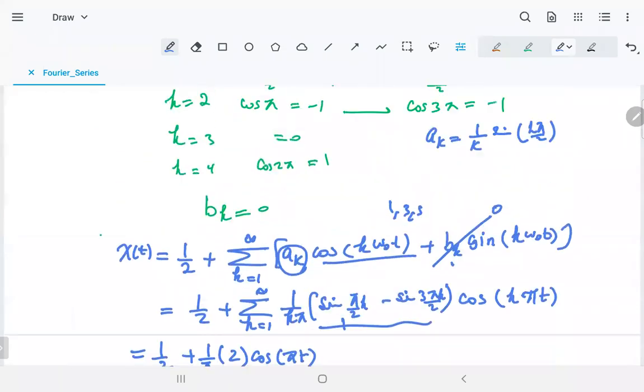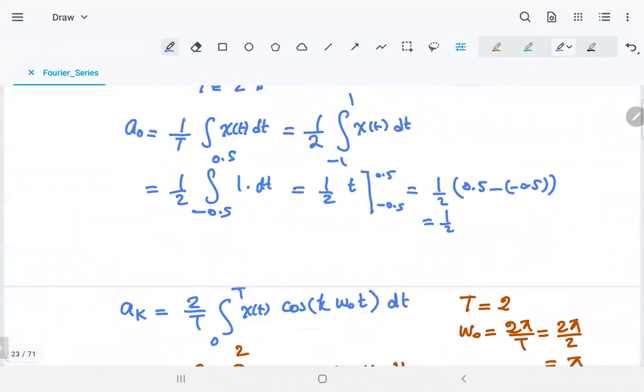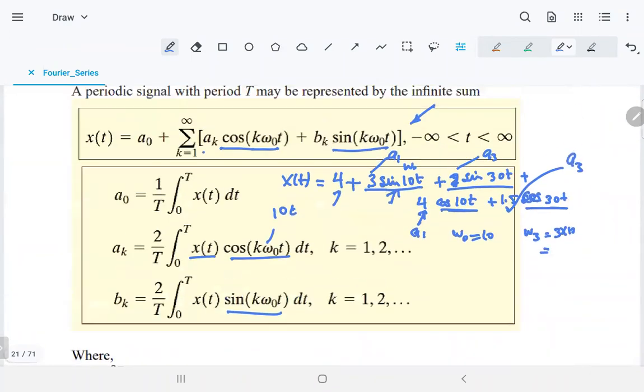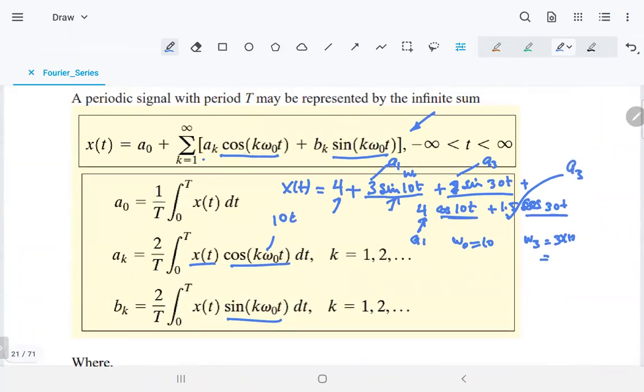That's the formula. Here you go. AK cosine k omega naught t. But remember, your omega naught is equal to pi. So I'm substituting by the omega naught, by pi. And the same thing here also. If you have this term, k pi t, that's the omega naught. AK does not have t.